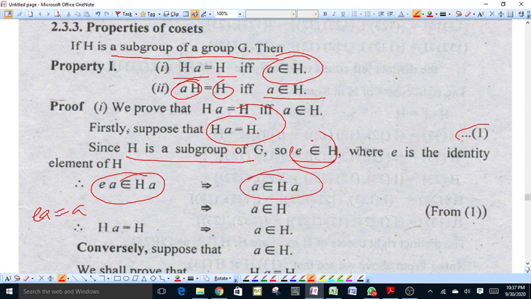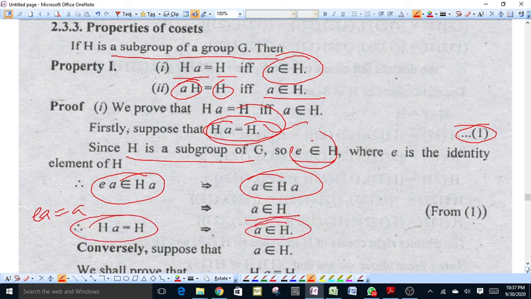Also, because H is equal to Ha, this means a belongs to H. Therefore H = Ha implies a belongs to H.